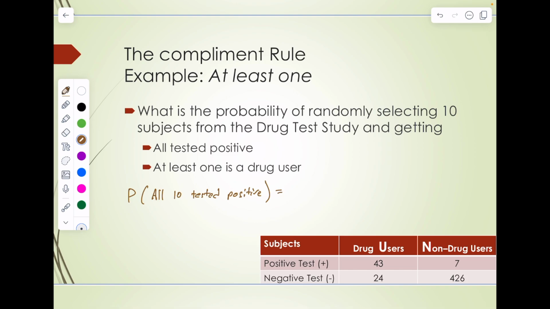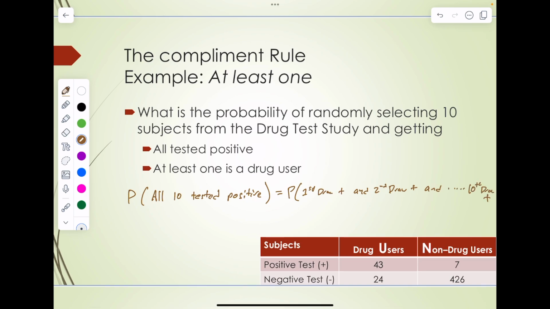And so that's something like this. Probability of first draw positive, and all of them need to be positive. Second draw positive, and third draw positive, all the way to 10th draw positive. So that's a big probability, and all these ands, 9 ands.